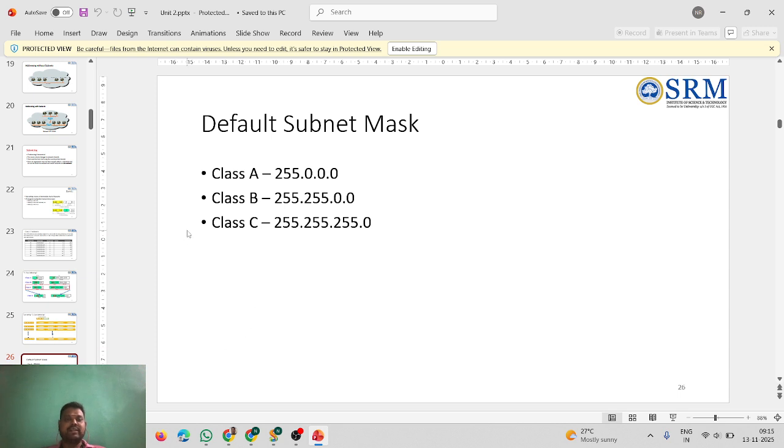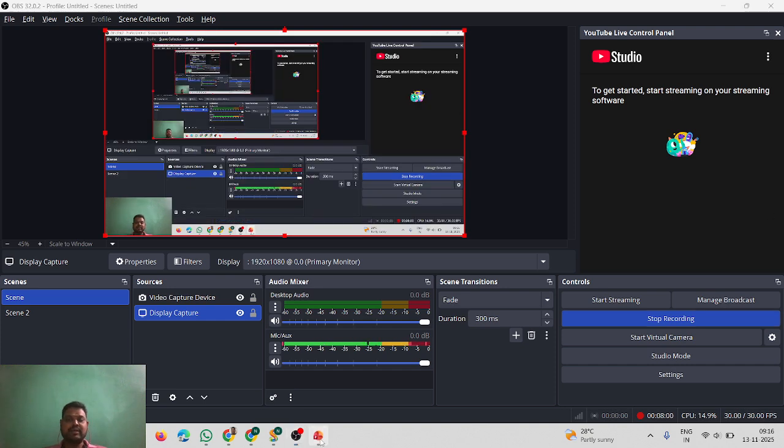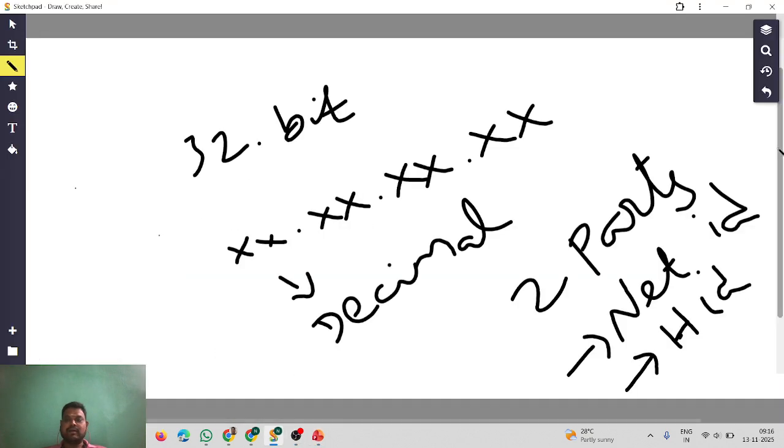So this is your default subnet mask for class A. The default subnet mask is 255.0.0.0 because, as we remember, the network parts are always enabled, which means you cannot change the network components part, right?